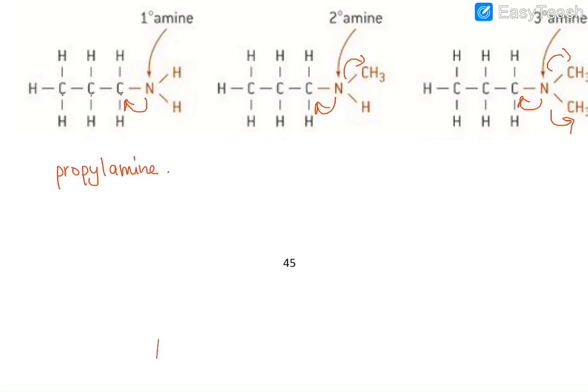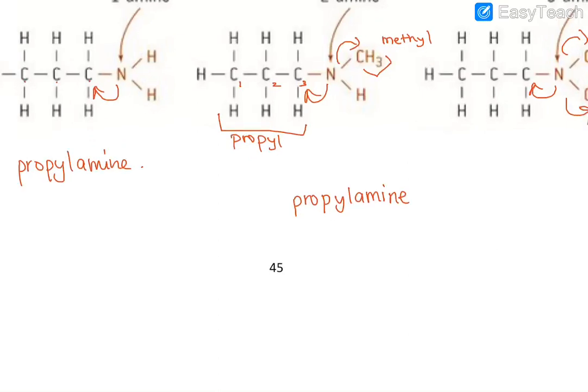And here on one side of the nitrogen you have the propyl, and on the other side you have the CH3, so methyl and propyl. So what we're going to do is attach the name of the amine with the longer side chain. So propyl has 1, 2, 3 carbons. So it's still a propylamine, but you have a methyl which is attached to the nitrogen.